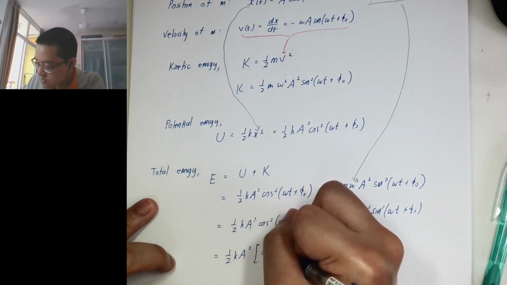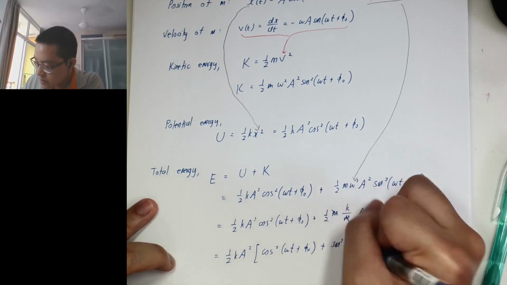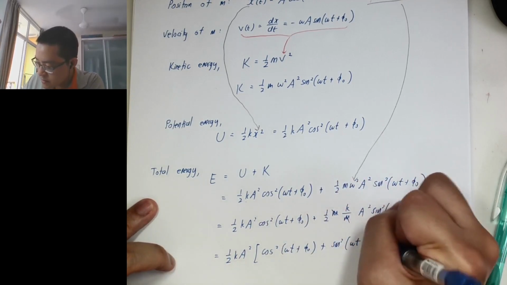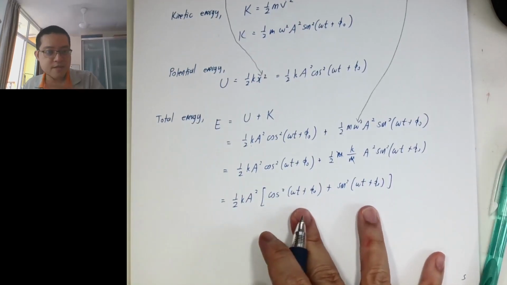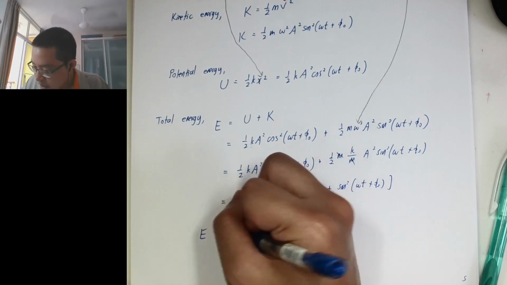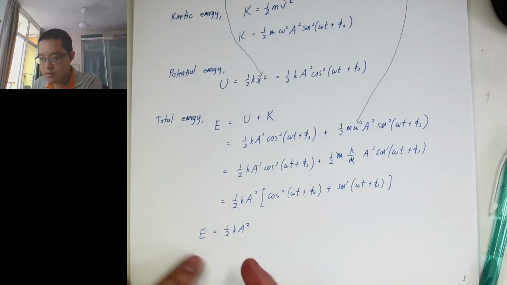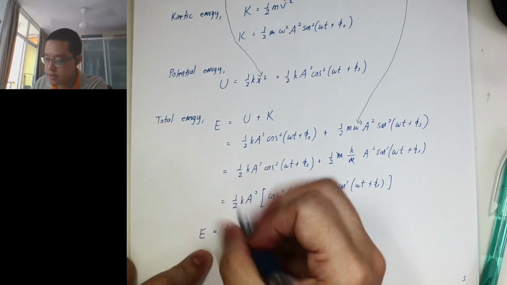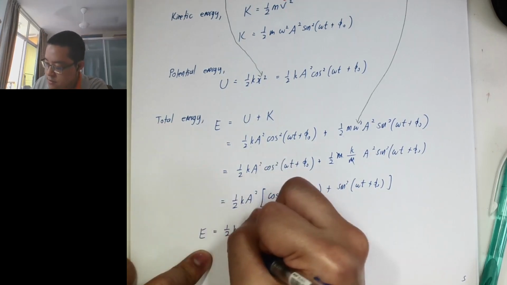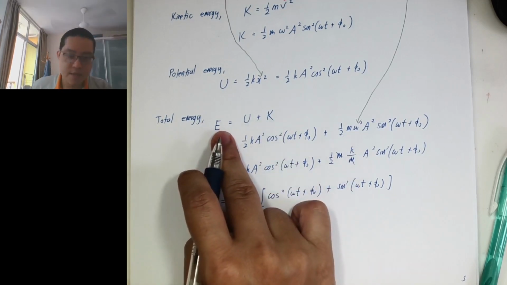Then I got cos squared (omega t plus phi) plus sine squared (omega t plus phi). What is this? This is equal to 1, right? So from here we have reconfirmed the conservation of energy. The total energy of a harmonic oscillation is constant, right? So the total energy of the system is constant.